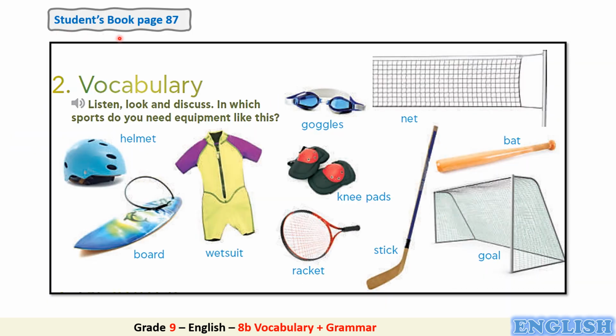Now open your students book page 87. 2. Vocabulary. Listen, look and discuss. In which sports do you need equipment like this? Look at these pictures.